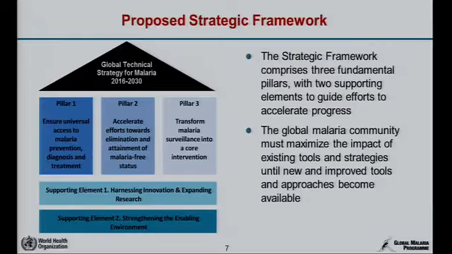The two supporting elements are harnessing innovation and expanding our research base to underpin our effort, and the strengthening of an enabling environment which has multiple dimensions that we will comment on in just a minute.